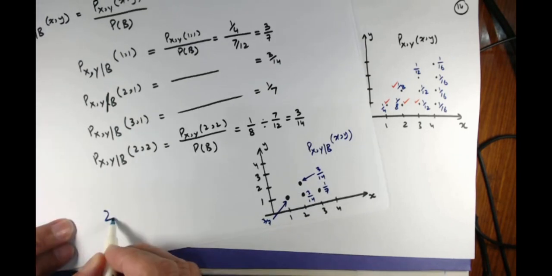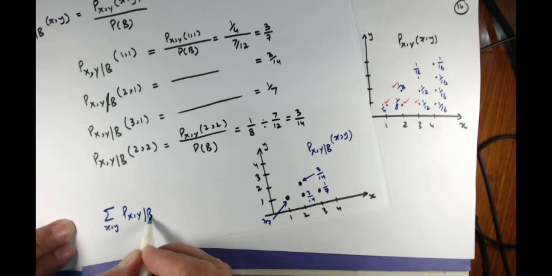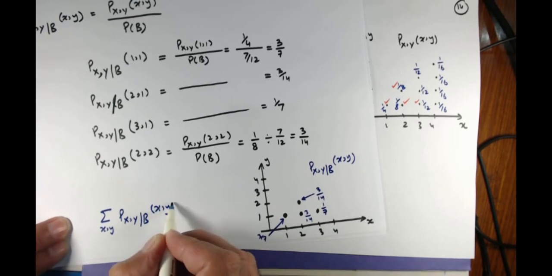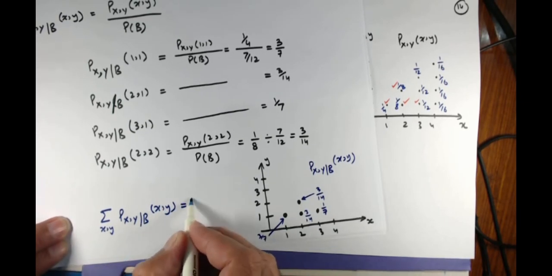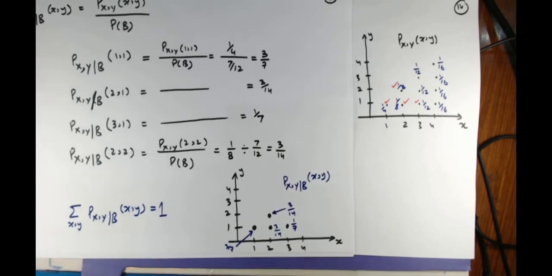So we can write summation over x comma y of P sub x comma y given B of x comma y is always equal to 1. This is a rule. This can never be violated. But now we have been able to see how we can calculate the joint conditional distribution.